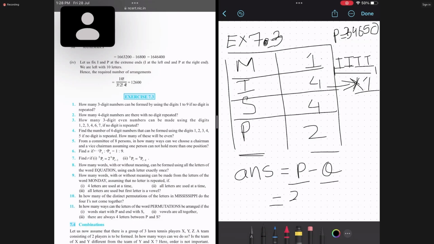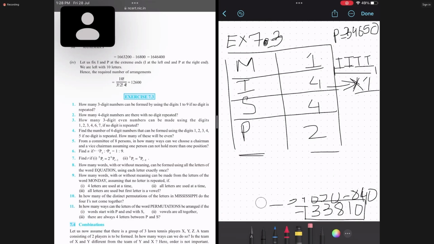So I have 34650 and Q came out to be 840. And subtracting that, the final answer that I get is 33810. Correct. That is your final answer.